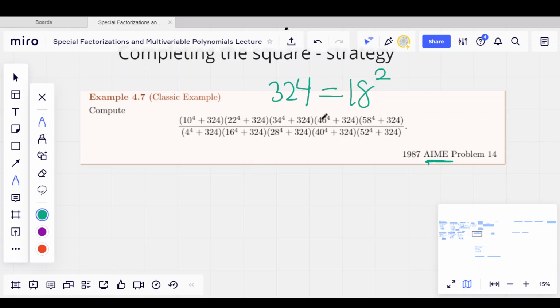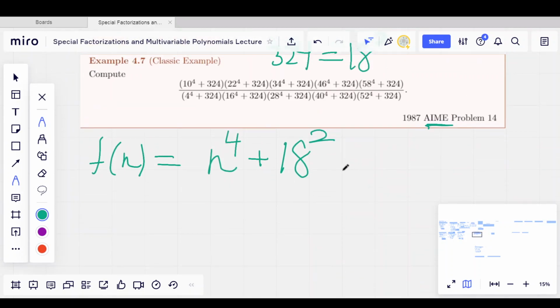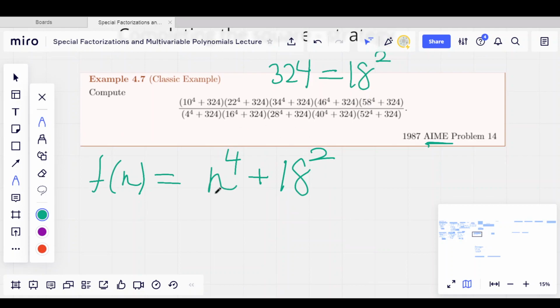Okay, so by now, most of you should have gotten that these are all in the same form. Since these are all in the same form, we can just write it as this function, which is actually a polynomial. So f of n is just n to the fourth plus 18 squared. So this should give you a really big hint to what you're supposed to do.